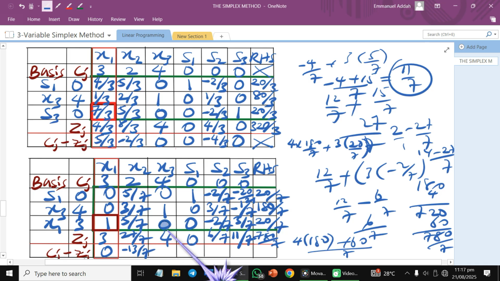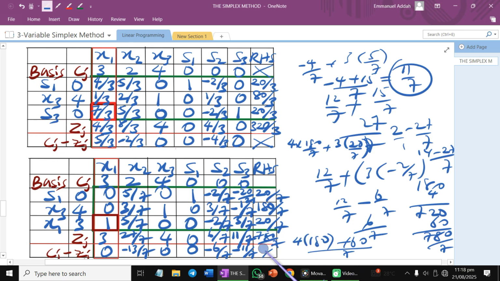The next one, 4 minus 4 is 0. The next one, 0 minus 0 is 0. Then here we have 0 minus 6 over 7, that will be minus 6 over 7. And the next one, 0 minus 11 over 7, that will be minus 11 over 7.